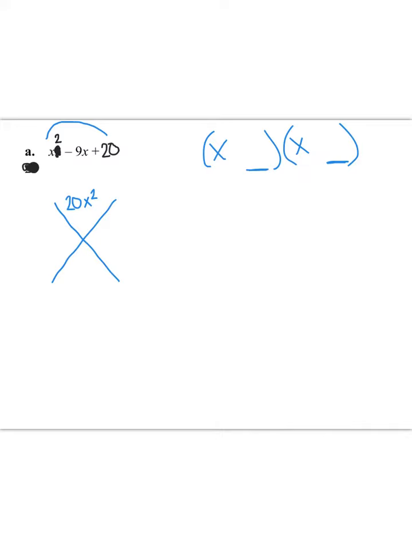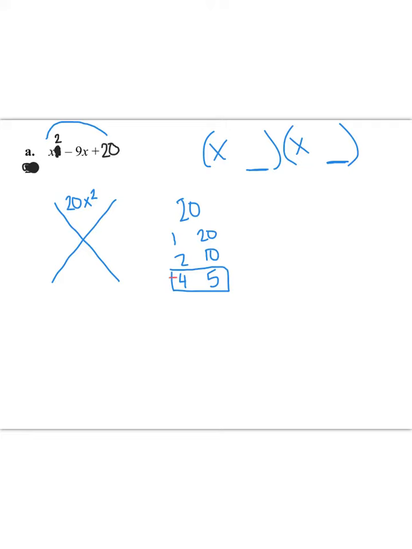Now I'm thinking, what are the factors of 20? Well, I have 1 and 20, 2 and 10, and 4 and 5. Keep in mind we also need to add up to negative 9. Well, 4 and 5 add up to positive 9, but how could we make those values so that they added up to negative 9 and multiplied to 20?